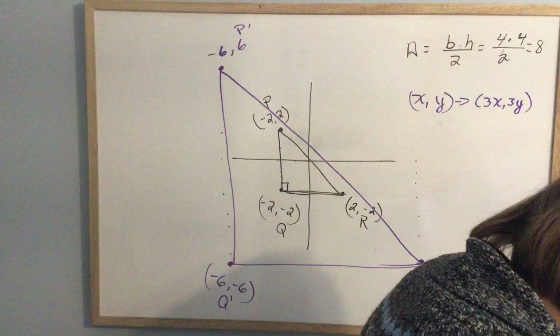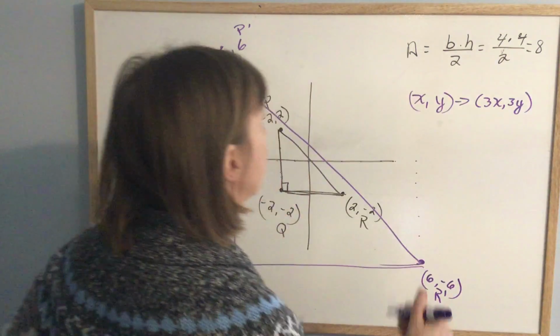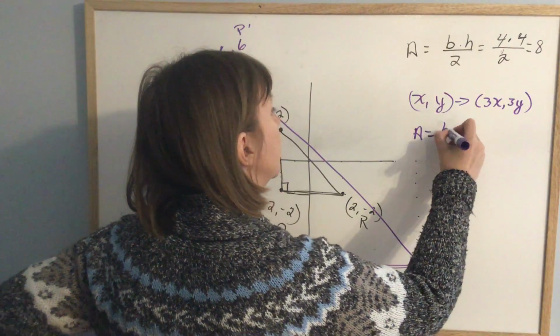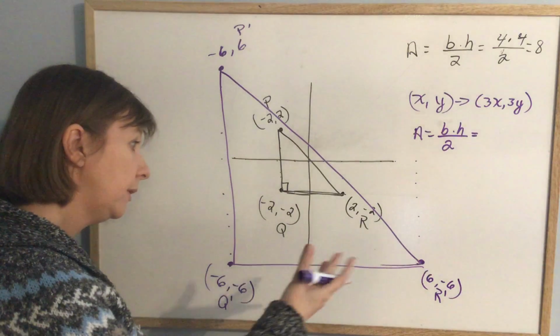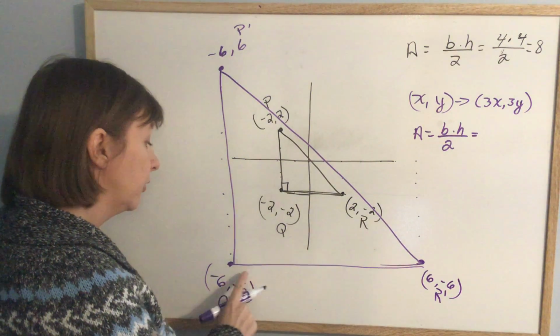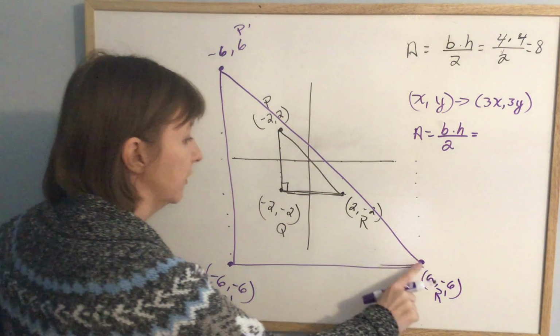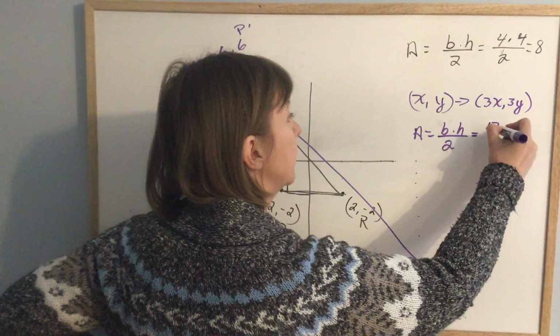And now they say, this is D, calculate the area of this one. So area is base times height divided by 2. So the base, how far across is the base? Well, if I count squares, or if I know I'm going from negative 6 all the way to 6, that is a distance of 12.